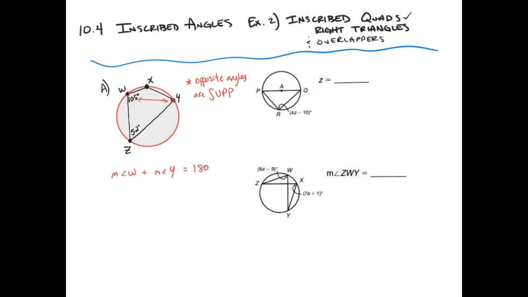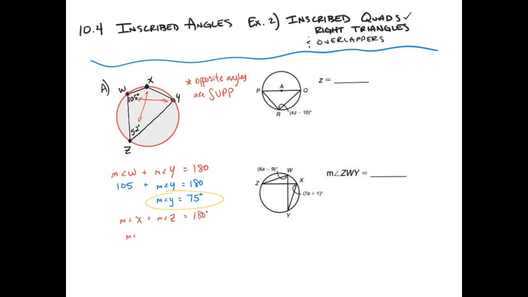If angle W is 105 degrees and angle Y is unknown, I can subtract the 105 from 180, and then I know that angle Y must be 75 degrees. We can do the same thing with angle Z and angle X. They're also opposite angles, so the measure of angle X plus the measure of angle Z should also equal 180 degrees.